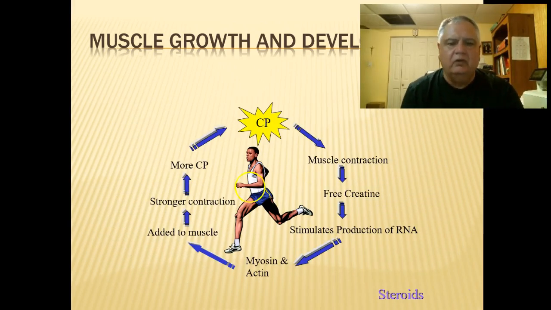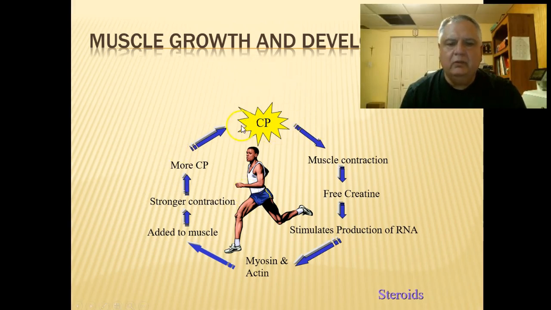Again, let's take a look at this in terms of a diagram. So here we have an individual who is going out for a run and using these large leg muscles. The contraction of the muscles that allows him to run depletes ATP supplies.